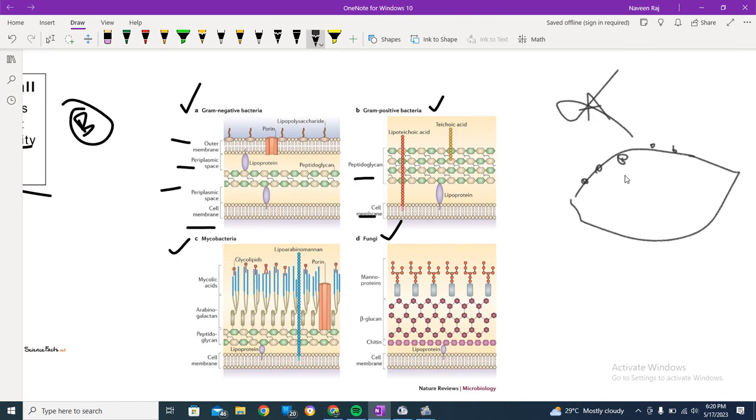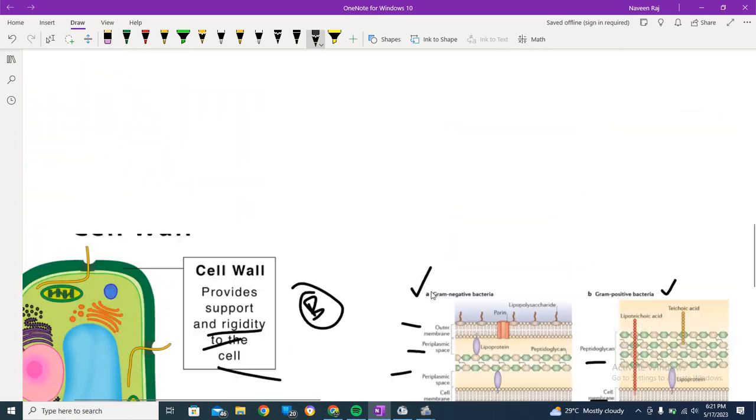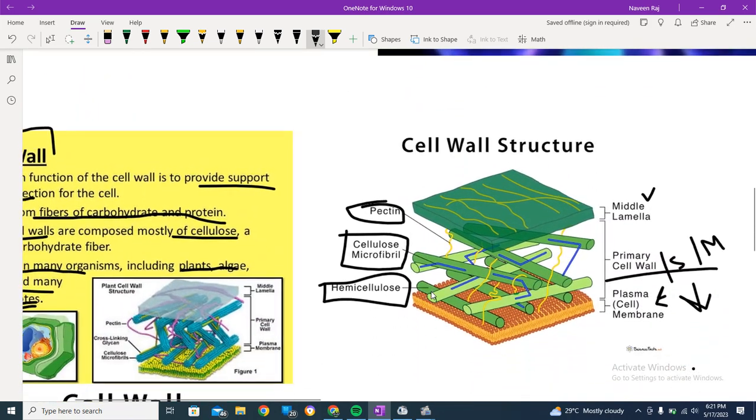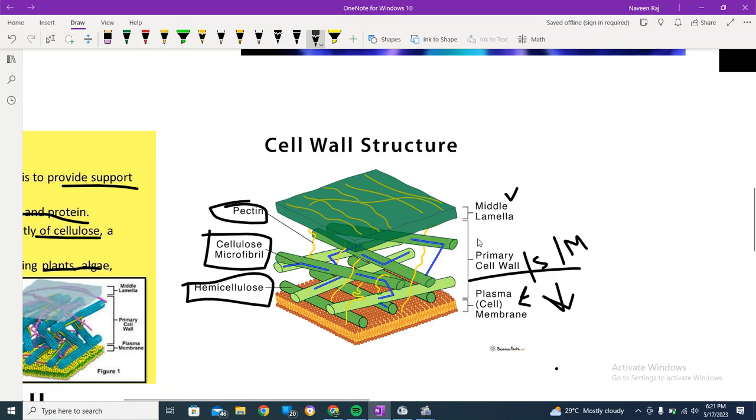And if you talk about the primary cell wall, this is present on the inner side of the middle lamella. You can see its position in the upper diagram. Yes, it is after the cell membrane, and it is the innermost cell wall layer.